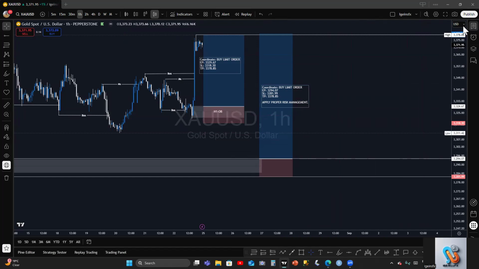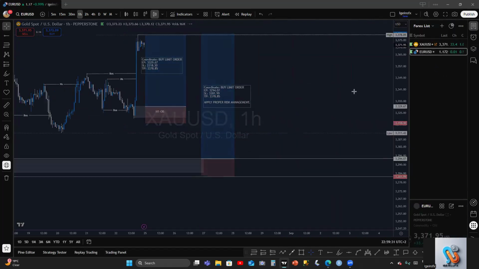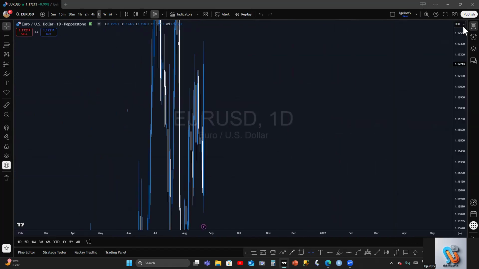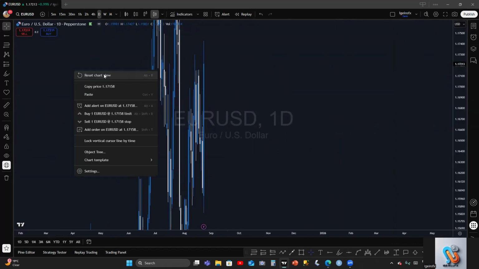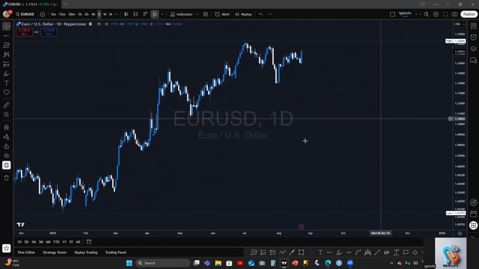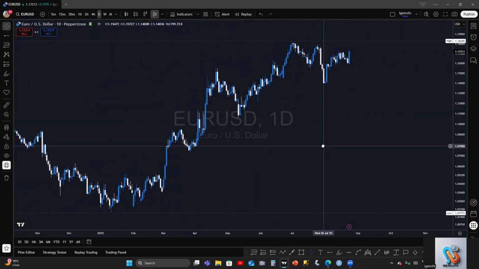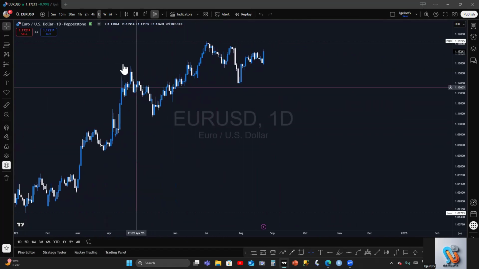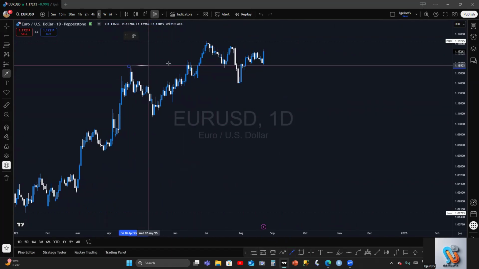All right, so let's dive into this EU, that is EURUSD. Daily, we can see this is the last break of structure to the upside.